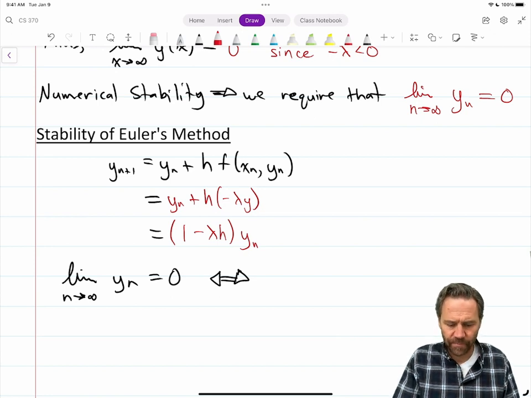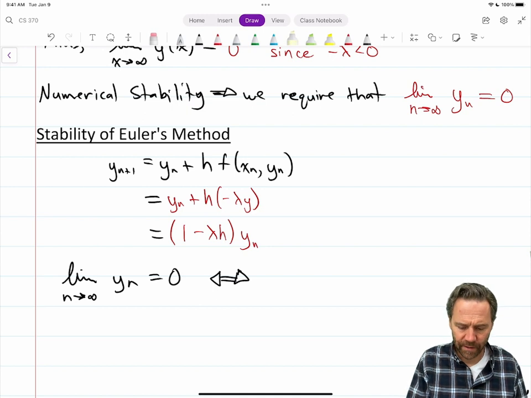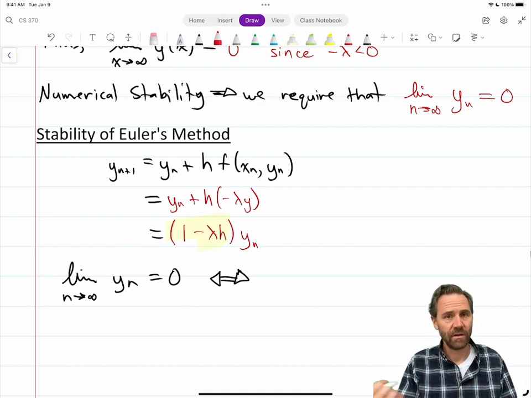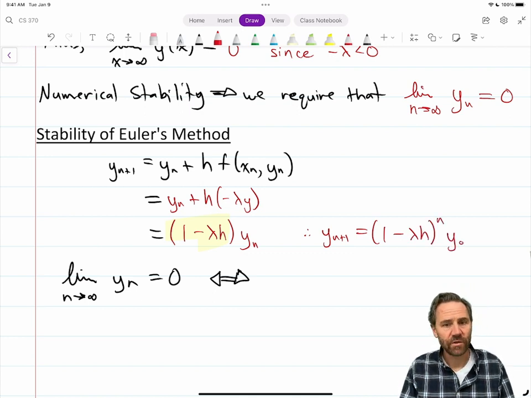Okay, so now that's for one time step, but notice this multiplier is the same for every time step. So we can actually simulate many time steps. We know that y sub n is 1 minus lambda h to the nth power times the initial solution.